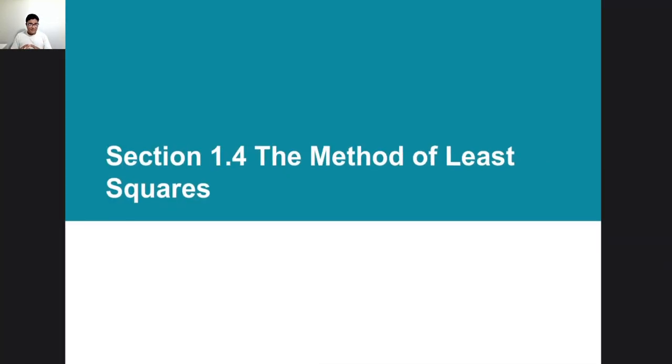What is the method of least squares? The method is you want to develop a model for some data that you have, right? For example, I'll just put it in abstract sense for now.